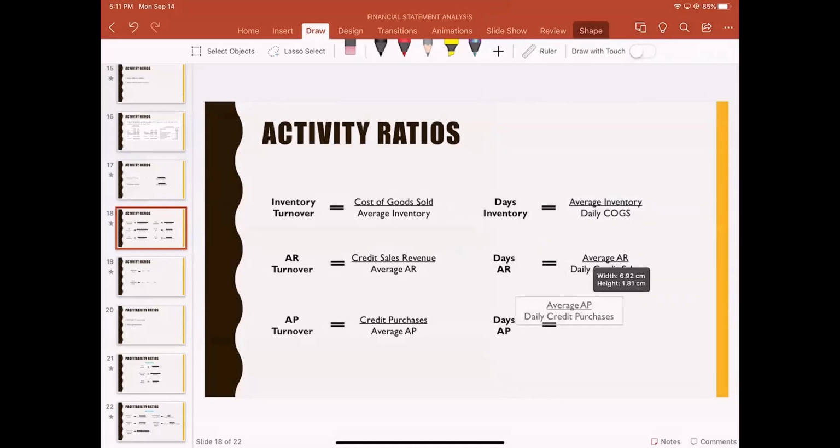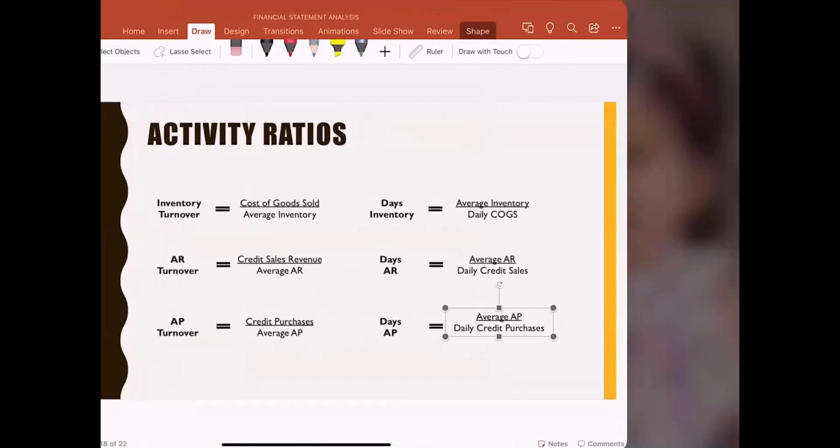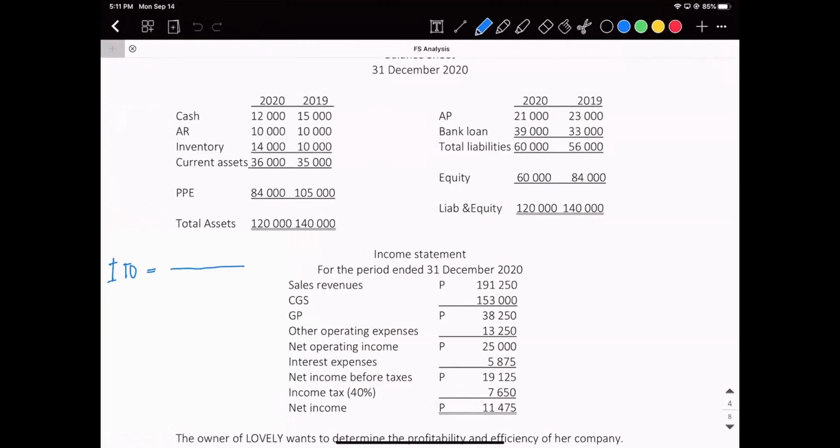Anyway, cost of goods sold divided by average inventory. So, okay lang. So, cost of goods sold, average inventory. Okay, so how much is your cost of goods sold? So, cost of goods sold is 153,000.